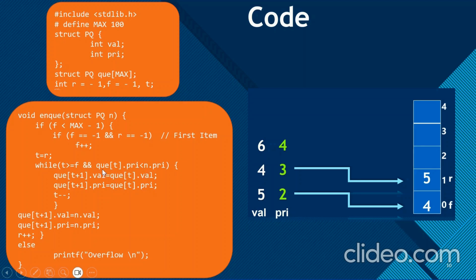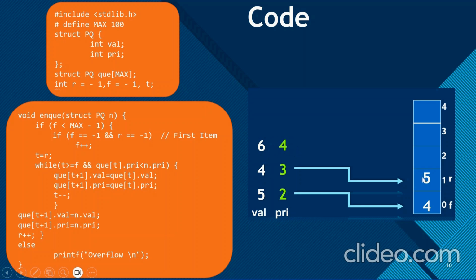as long as Q[T].priority, Q[T] being the element at index T, and its priority is less than the priority of N. N is the element which is to be inserted, which in the current example means N.val should be 6 and N.pri, or priority, should be 4.